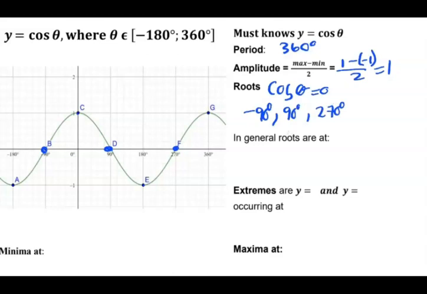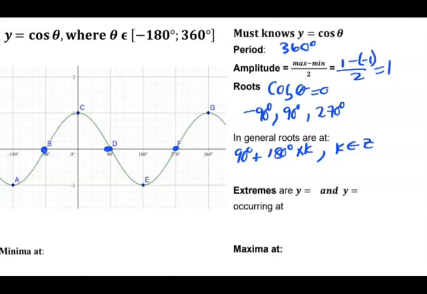In general, we can write down the roots by taking any value, for instance 90 degrees, and then adding 180 degrees times k to get to the next value, where k is an element of Z. Let us make k 0 first.